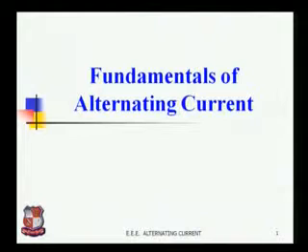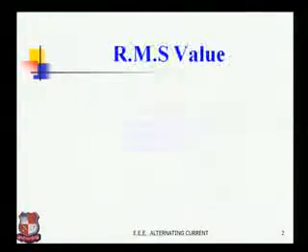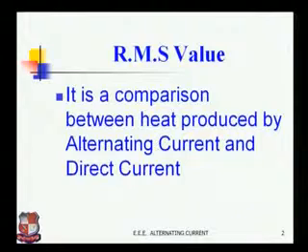Okay, now we will discuss the RMS value of an alternating quantity. The RMS value is a comparison between the heat produced by alternating current and direct current.